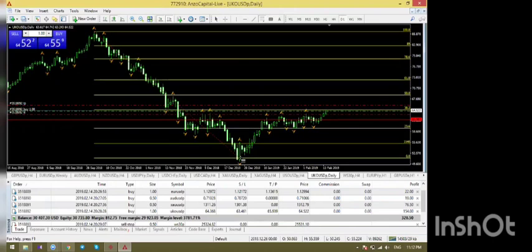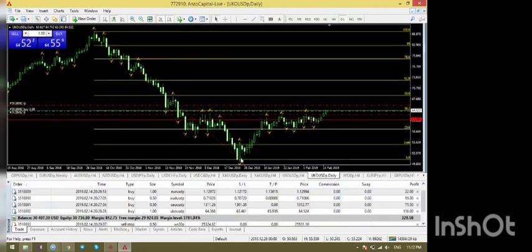Great. Please draw a trend line as well. And what kind of trend line do we have here? Long term or mid-term or short term?